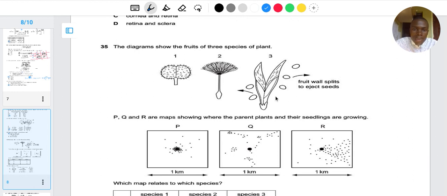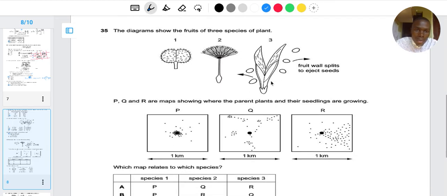But this one can be dispersed by self-dispersal, and this one can be dispersed by wind.